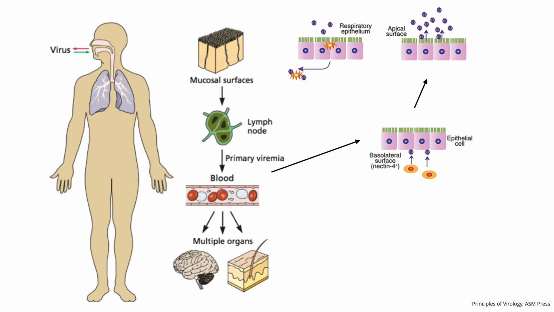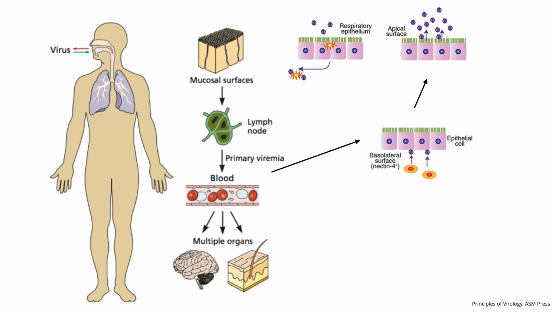The virus gets into these cells, replicates, and is released at the apical surface. So this receptor isn't on the apical surface of cells. That's why the virus doesn't get in that way. It comes in through a dendritic cell. But when it is released, the virus is released at the basolateral surface and can get in from the bottom.